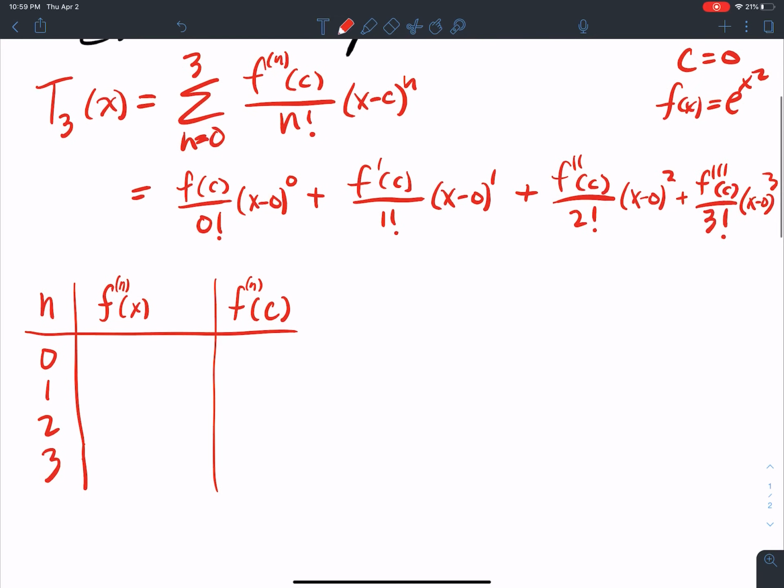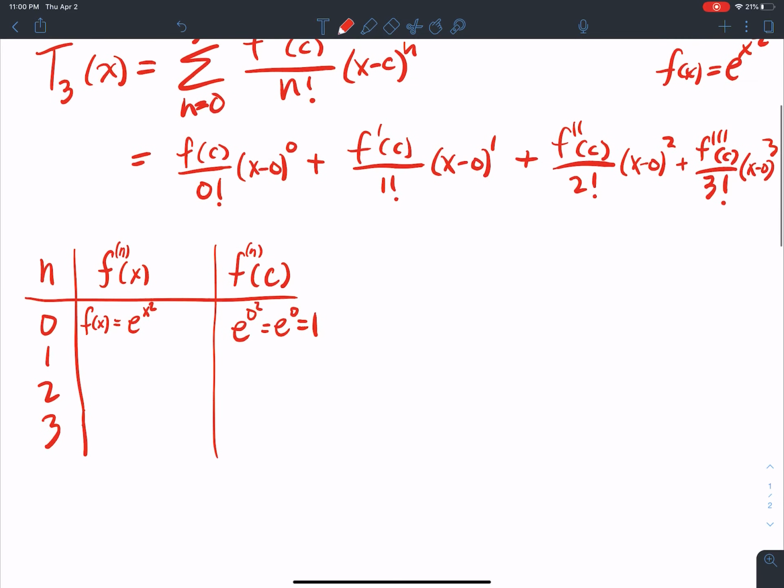So the function itself, f of x, is e to the x squared. So this is e to the 0 squared, which is e to the 0, which equals 1. Okay, so my first one is 1. The next one, okay, what's the derivative? F prime.